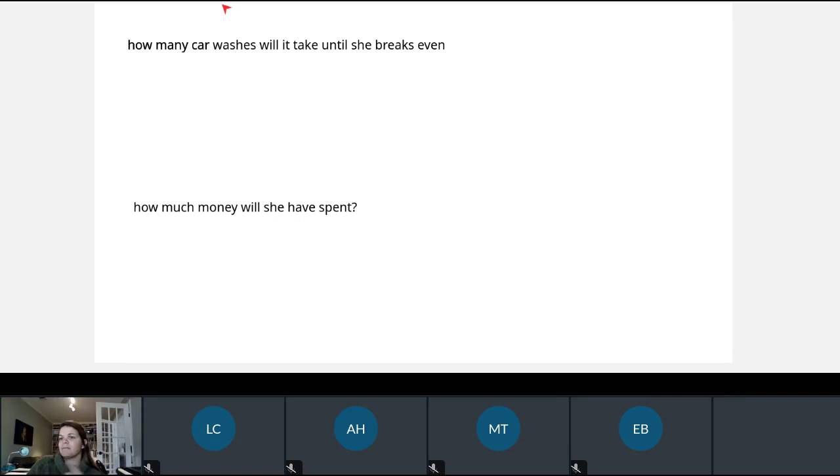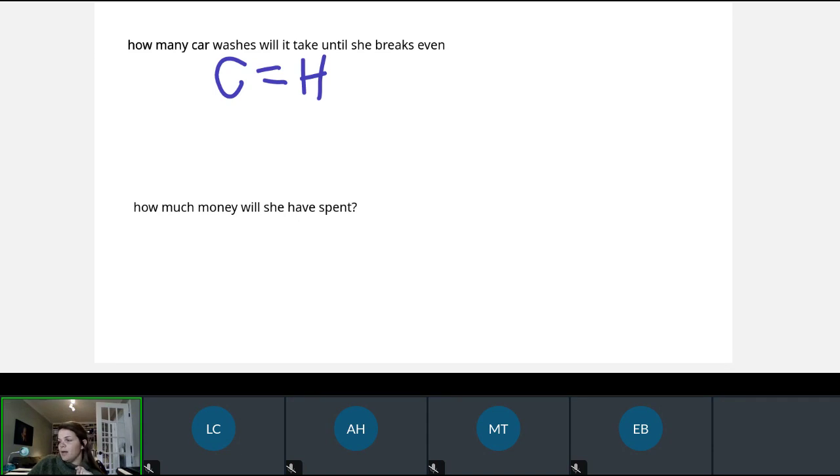Yours says, after how many days will the price of buying lattes from Starbucks equal the price of making lattes at home? So for me, the key word there is equals. So for my problem, I want to know, when will the cost of car wash equal the cost of home?